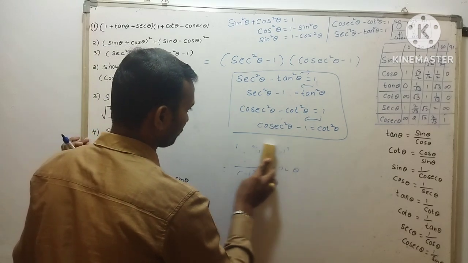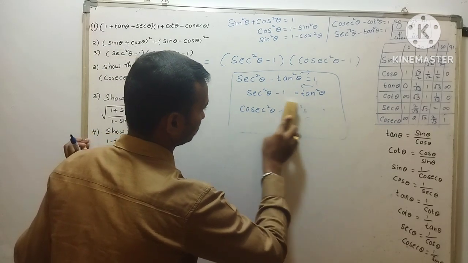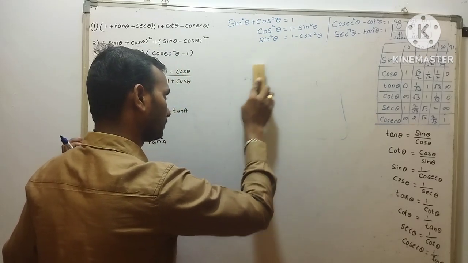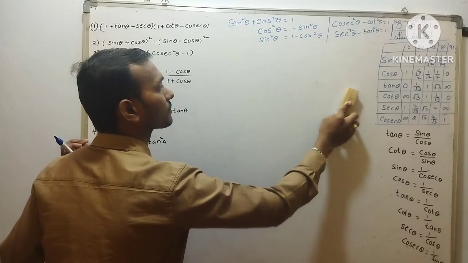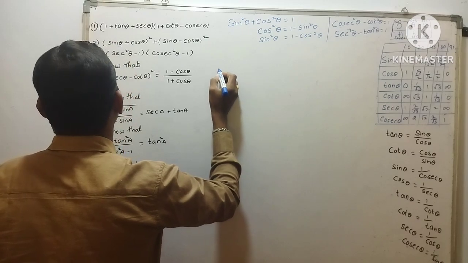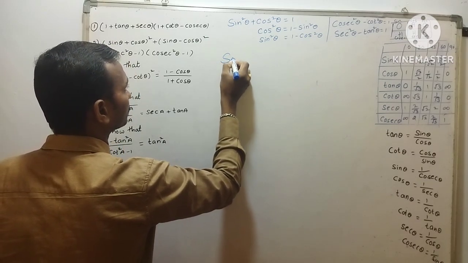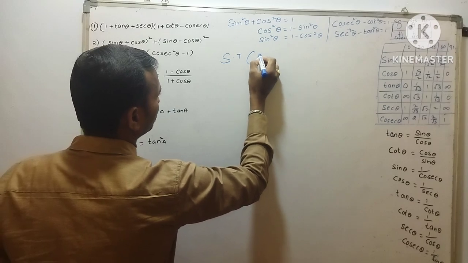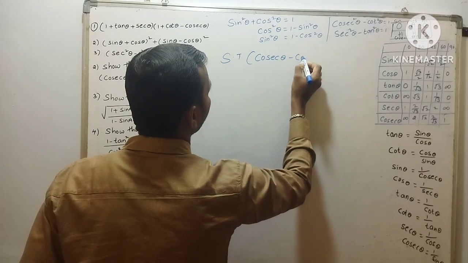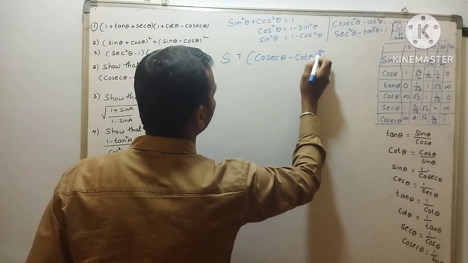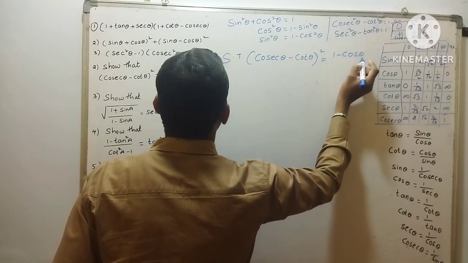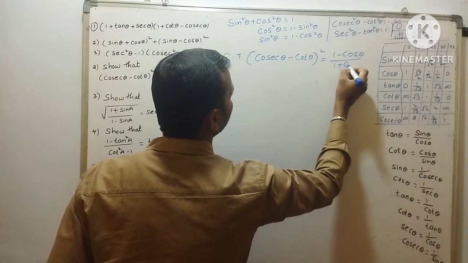Next question number 2. Show that cosec theta minus cot theta whole square is equal to 1 minus cos theta by 1 plus cos theta.